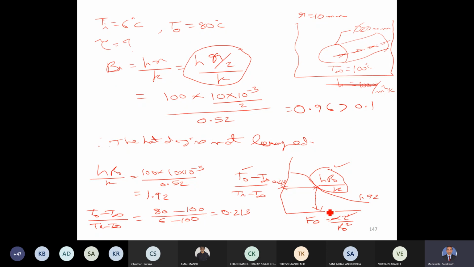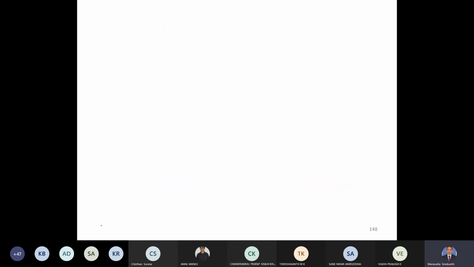Okay, so let me say this is 0.78. So that's the Fourier number we got. Now Fourier number is alpha tau by R naught square is equal to 0.78.